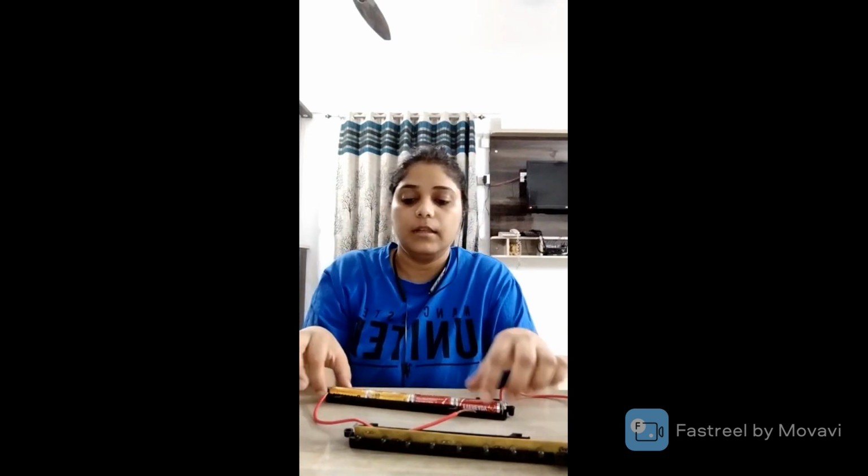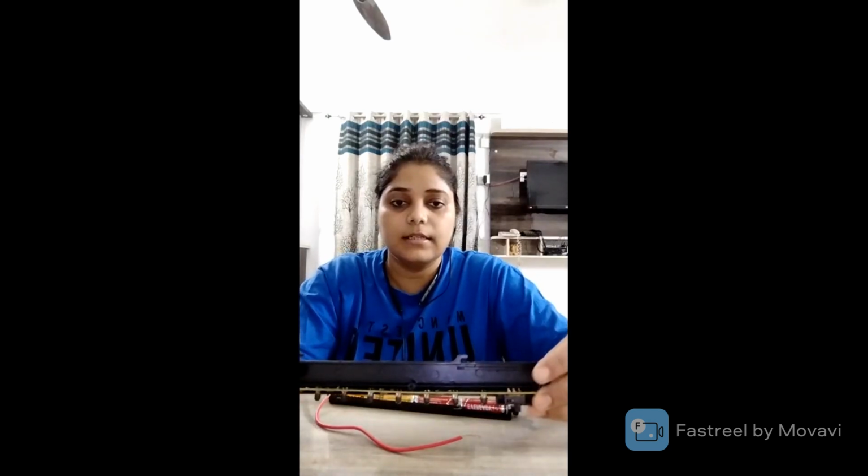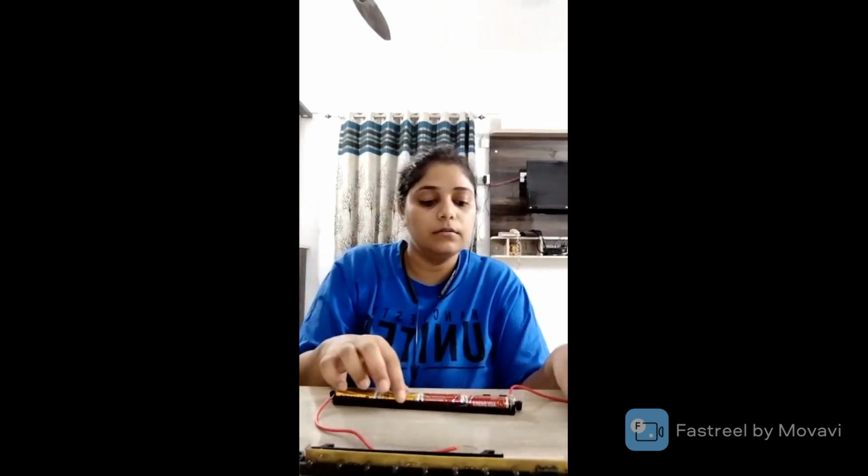Here, this whole set of LEDs also has two ends. This is the first end, this is the second end, where I will be making the connections to light up the LEDs.